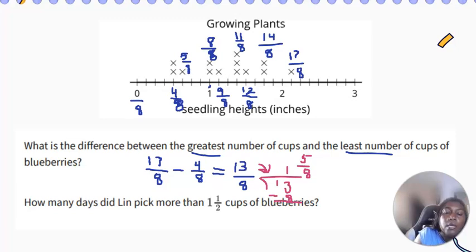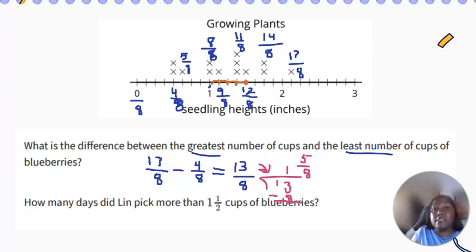If I know that 8/8 equals 1, and I move over, we're going to count over 4. 1, 2, 3, 4, right? That would be this spot right here. That would represent 1 1/2.